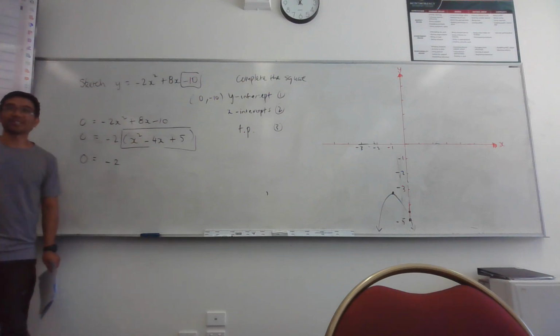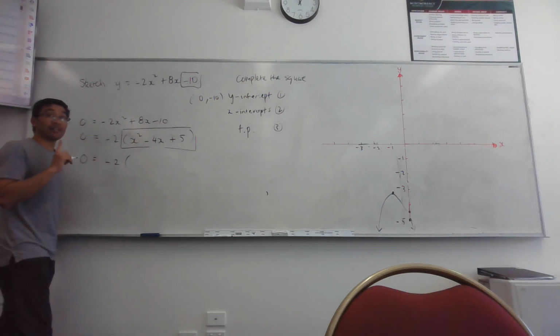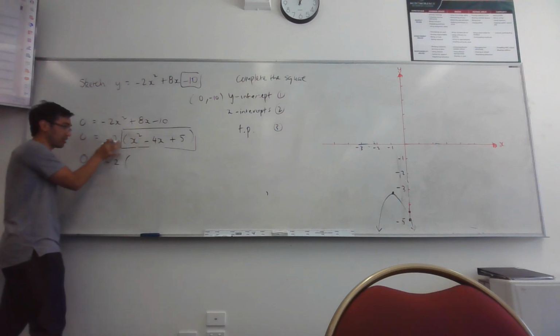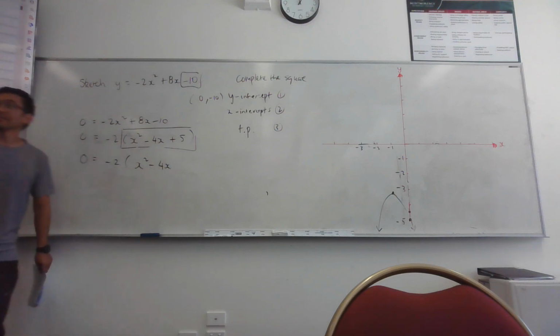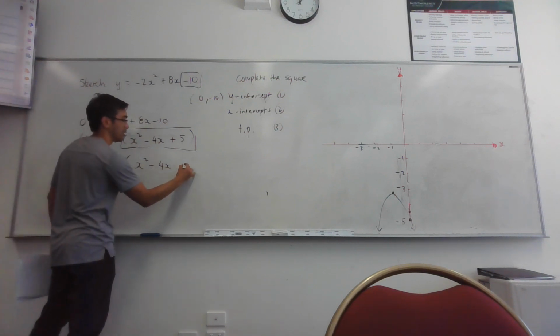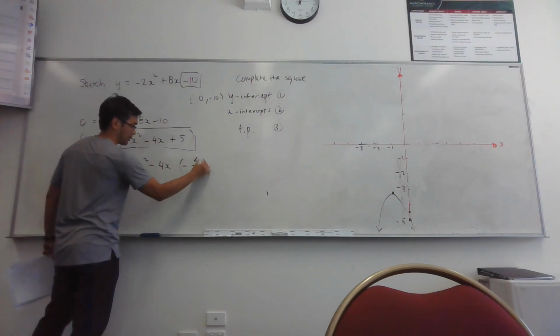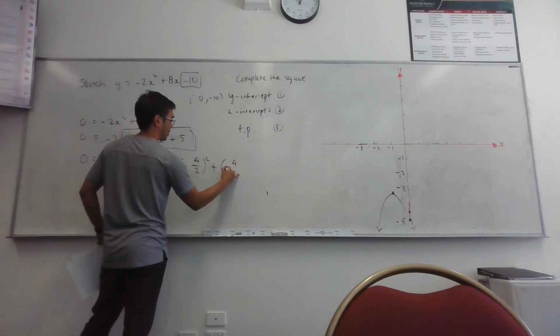Do we know the rules? We write the first two things down in the bracket. The second thing gets divided by 2. You go minus 4 over 2, plus 4 over 2. Good. 4 over 2 squared.